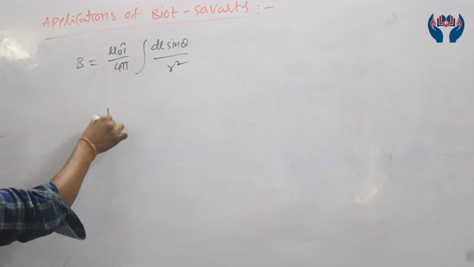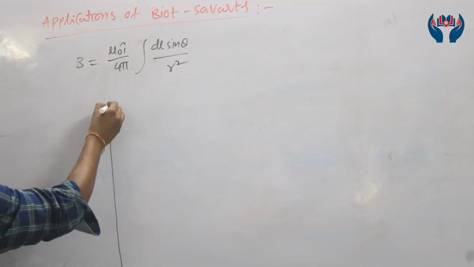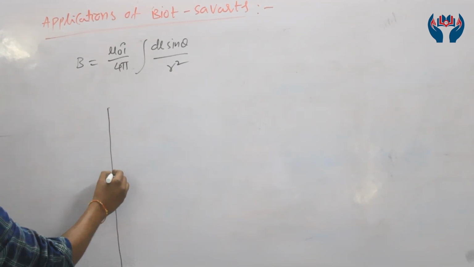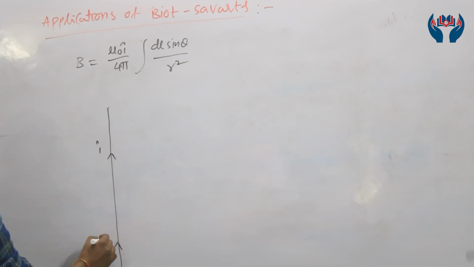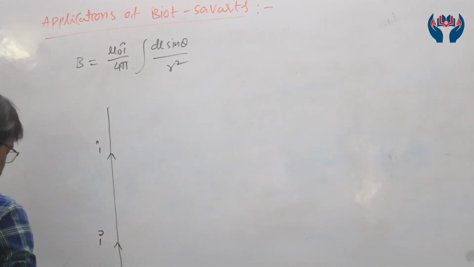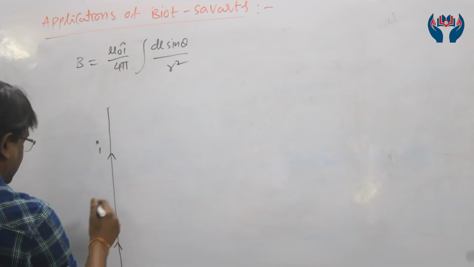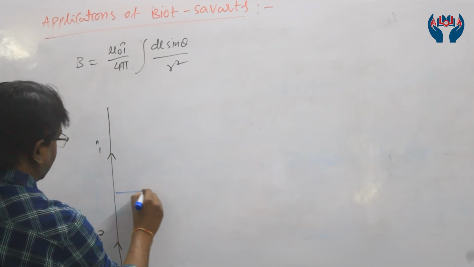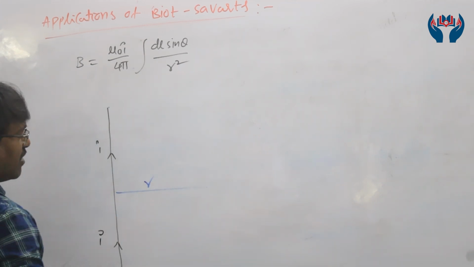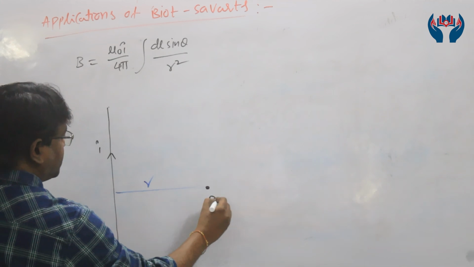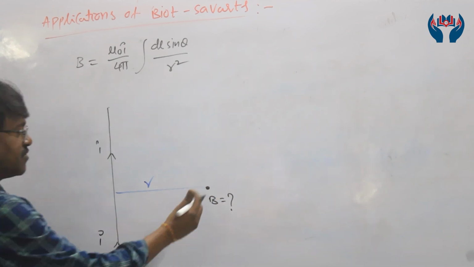Consider one current carrying conductor carrying a current I. Now we want to measure the magnetic field at a distance r from the current carrying conductor. What is the magnetic field at this point? That we have to measure.